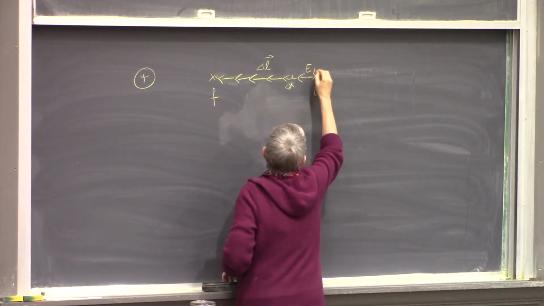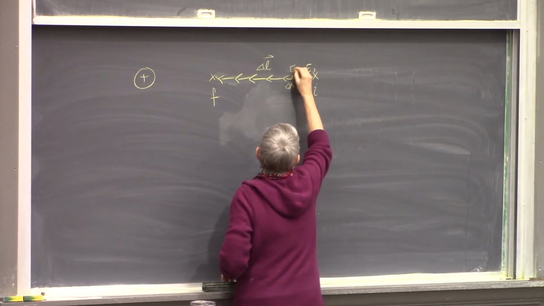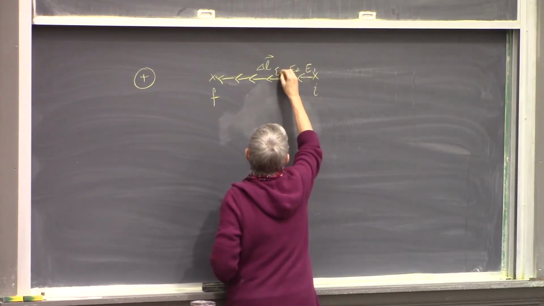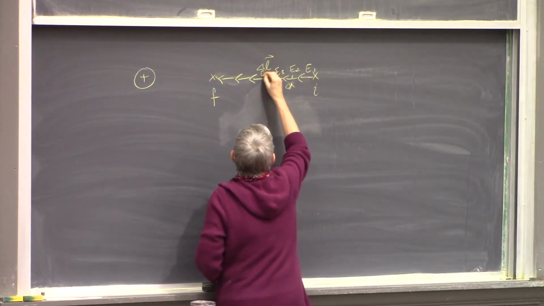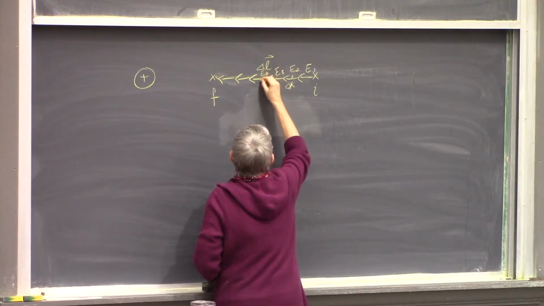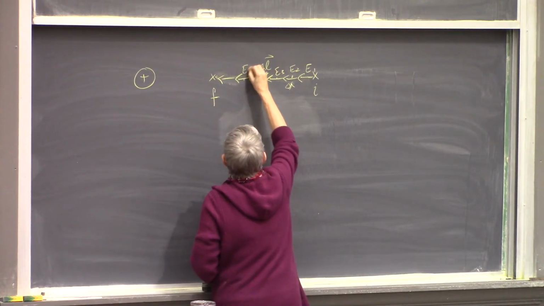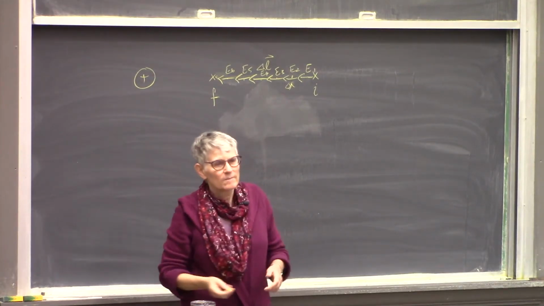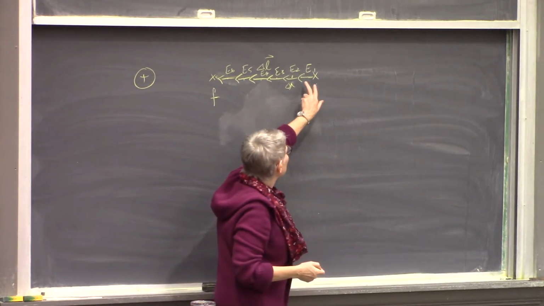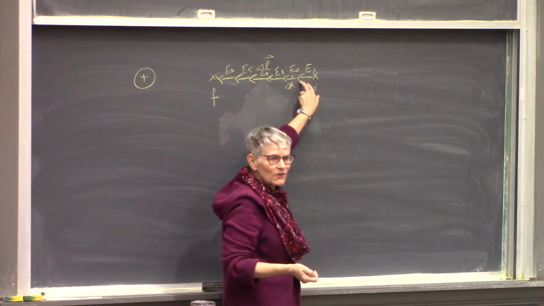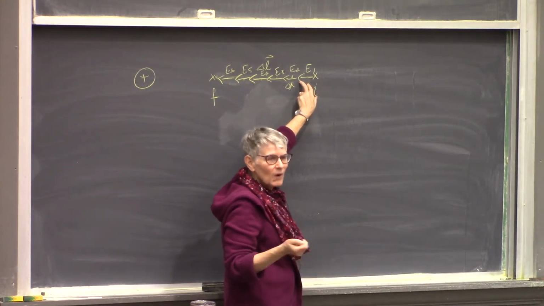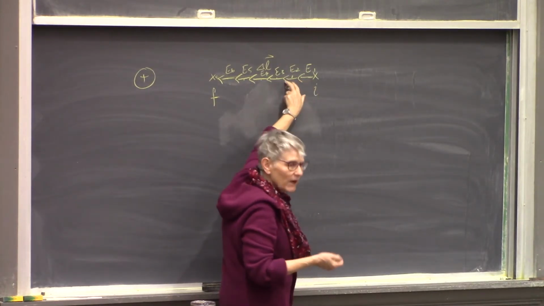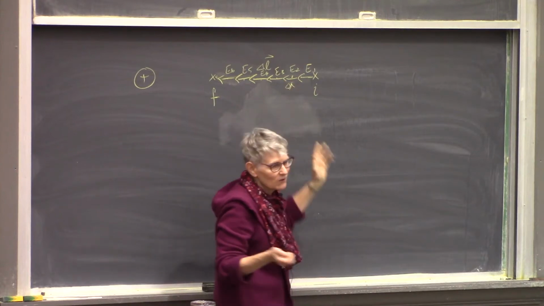So we'd have an E1 here, and an E2 here, and an E3 here, and an E4 here. Okay, so we could take E1 times delta x, minus E2 times delta x, and so on. So we could do that, right?